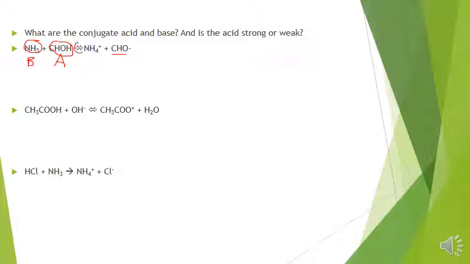Okay, it's a double arrow, so that means this is a weak acid. That means it can have a conjugate acid and conjugate base. So this is the base on this side, now it's the acid on this side. And this acid becomes the base on this side.